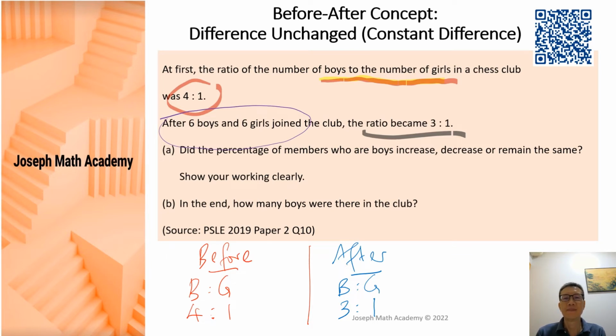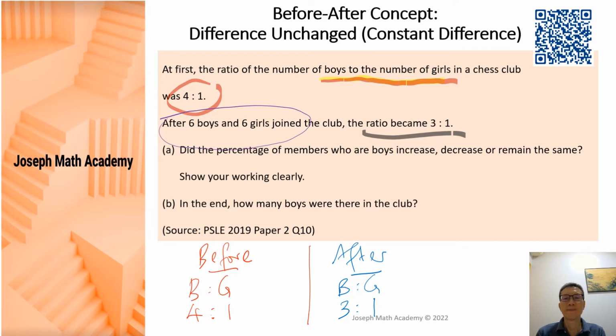The value added to the boys and the value added to the girls are the same. Both are 6. So when both boys and girls, the two items, have values added equally, we can conclude that it must be a difference unchanged concept.